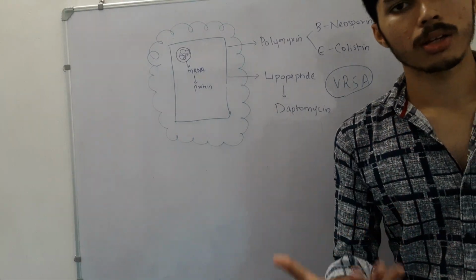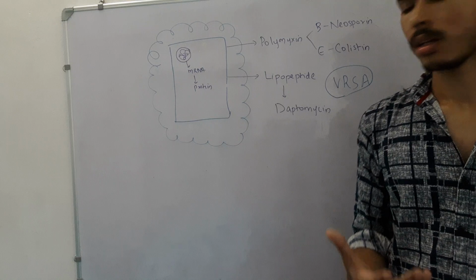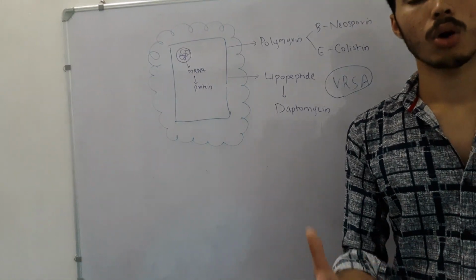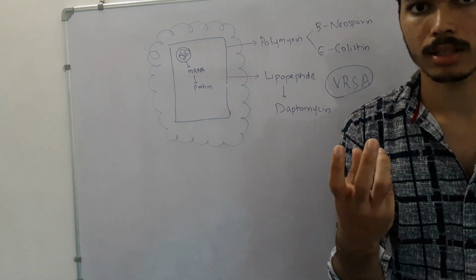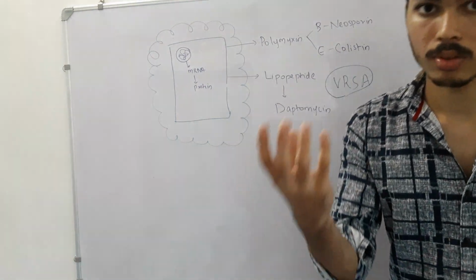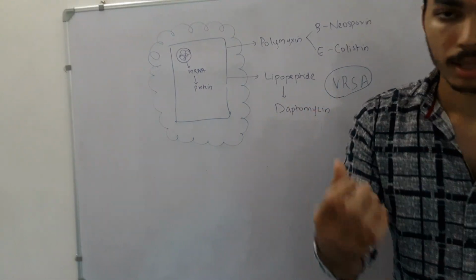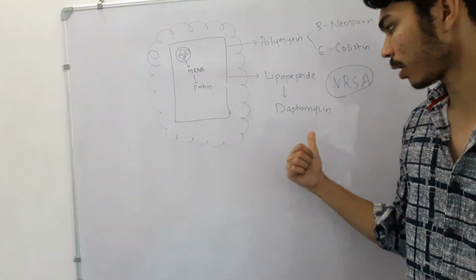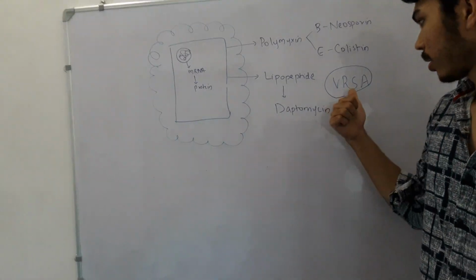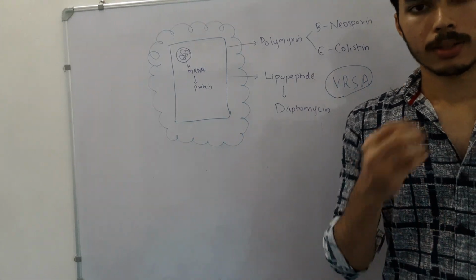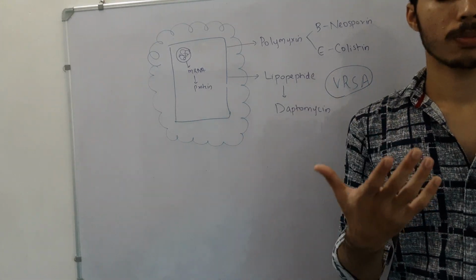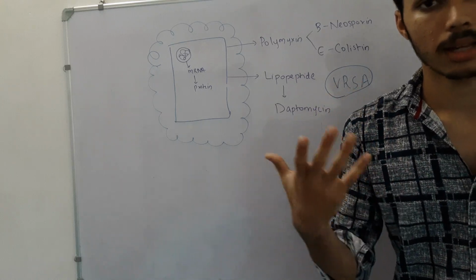It can also be used for the empirical treatment of methicillin resistant Staph aureus. Methicillin is a penicillin. You can also use it in vancomycin resistant enterococci.